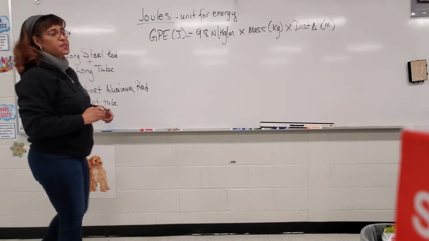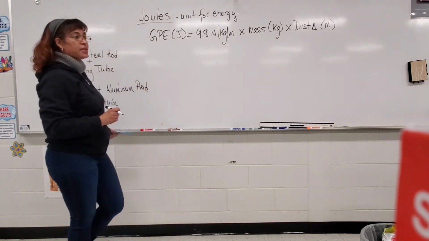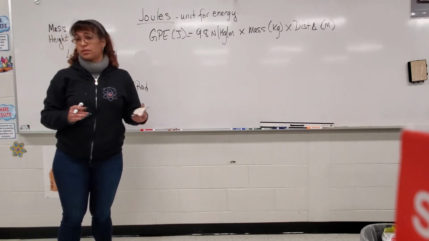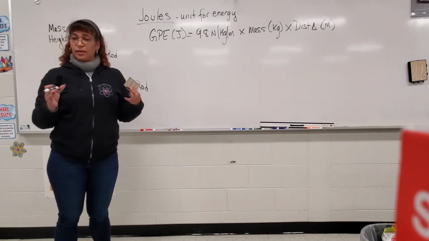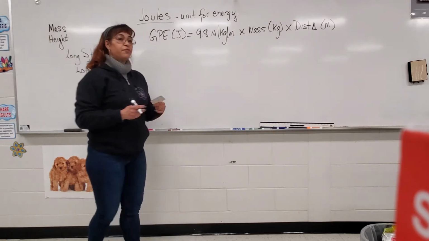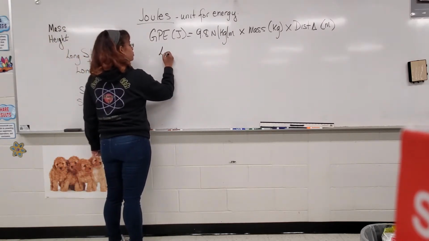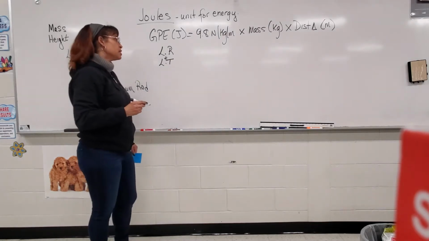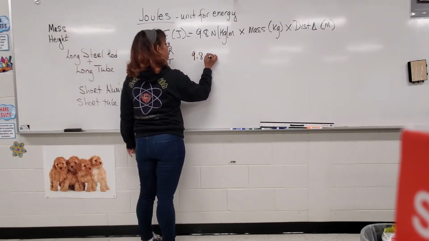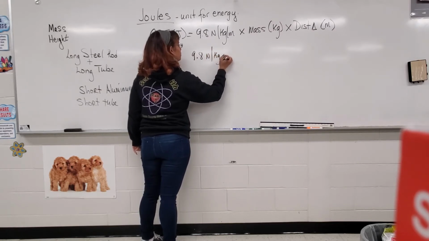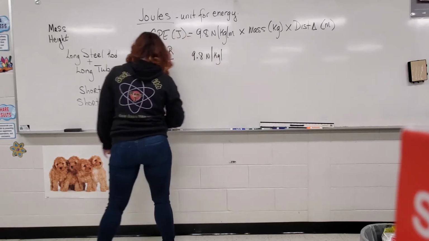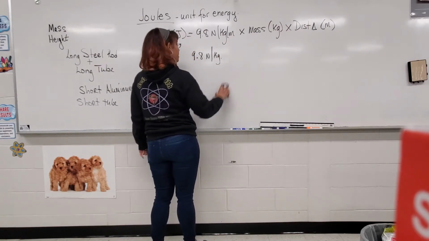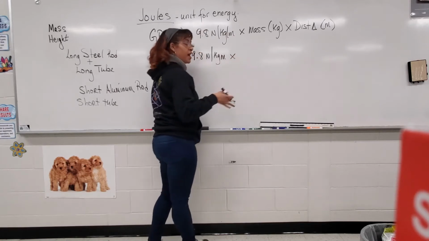In this case, I took the measurements of all of the tubes, and I also took the masses of all of the rods. To see how this worked out, look at the long steel rod and the long tube: 9.8 newtons per kilogram, times the mass of the rod.